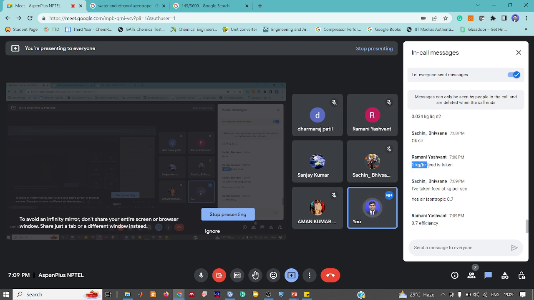Since Yashwant has used 1 kg per hour, I have divided it by 3600, so it becomes the same. So both use 70%. Okay, let me try it out.